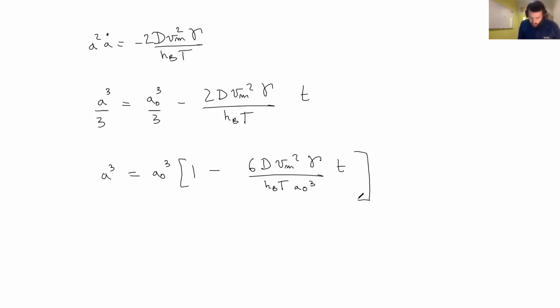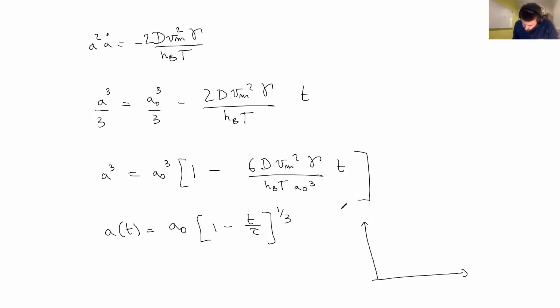Stated differently, I can write A of time, which is the initial value, times 1 minus t over a certain time scale to the power 1/3 in dimensionless units. I will discuss tau later, but this can be plotted this way. A over A naught starts at 1, and t over t naught ends at 1, and you have something like a third order polynomial, okay?